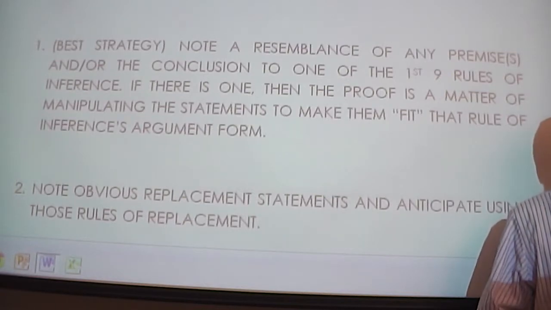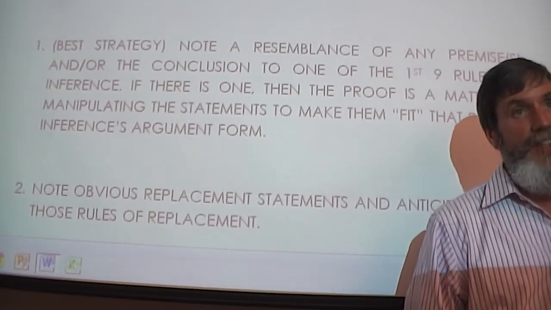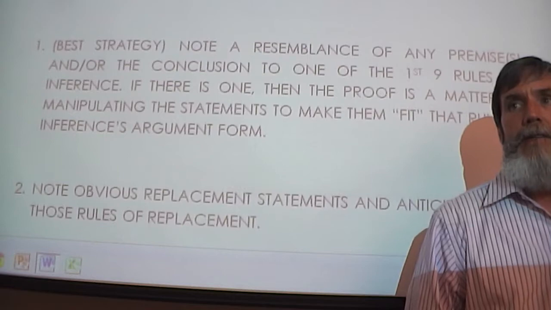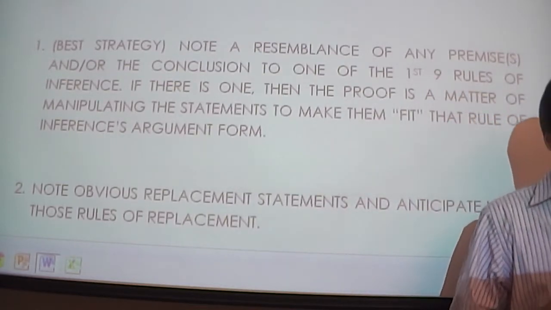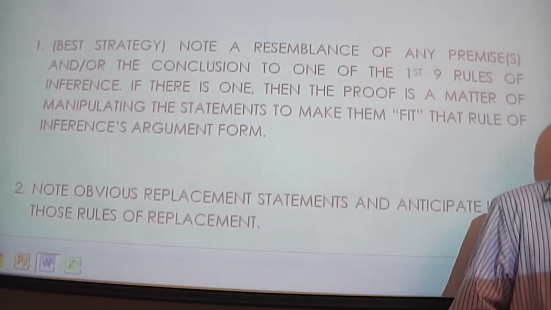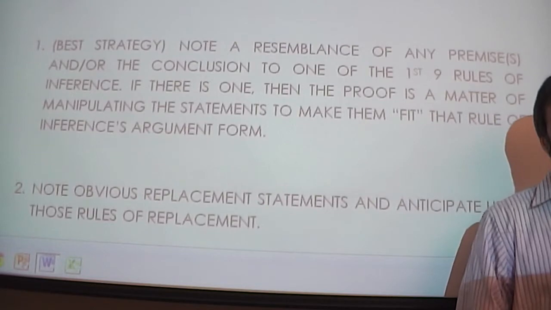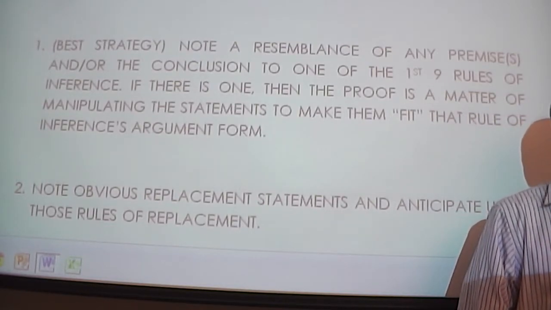Now, using this particular strategy requires that you be real familiar with the first 9 rules, which you should be by now. You need to be able to recognize them on sight. Whereas before, we were insisting they have to look exactly like this. See, now we're turning the tables a little bit and saying they don't have to look exactly like that.